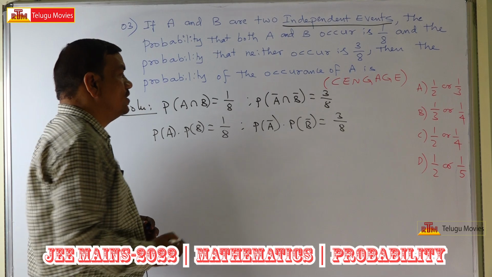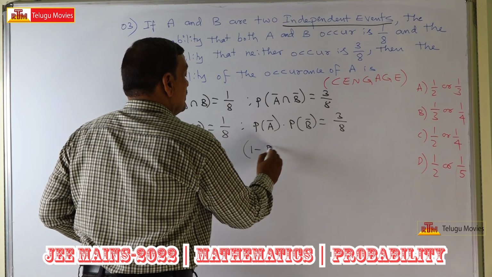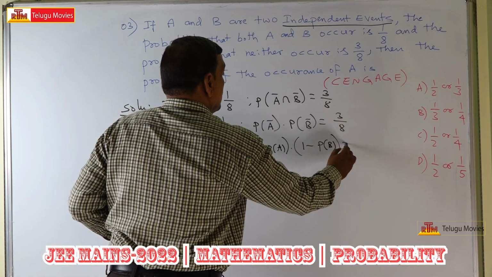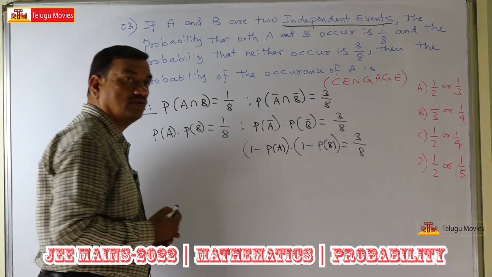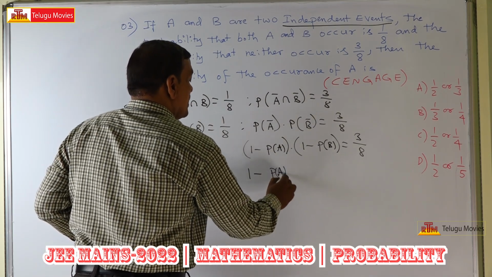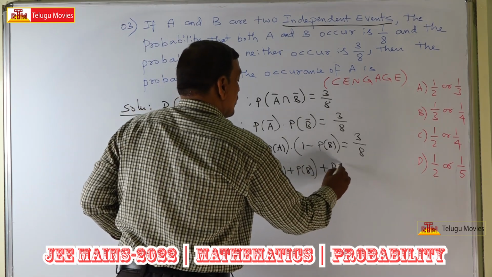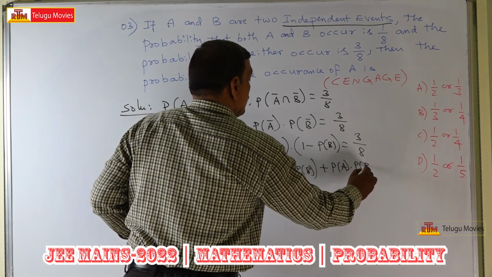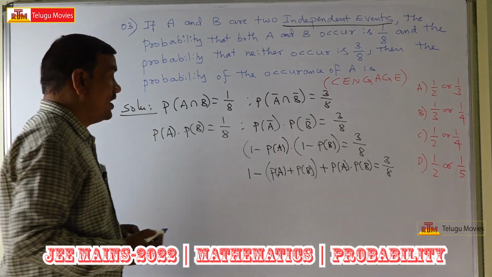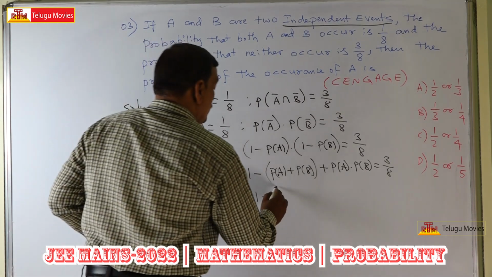So for this I wrote probability of A complement times probability of B complement, which is probability of A times 1 minus probability of B... more precisely, 1 minus probability of A times 1 minus probability of B is equal to 3 upon 8. If you multiply this, you will get 1 minus probability of A plus probability of B plus probability of A times probability of B is equal to 3 upon 8.